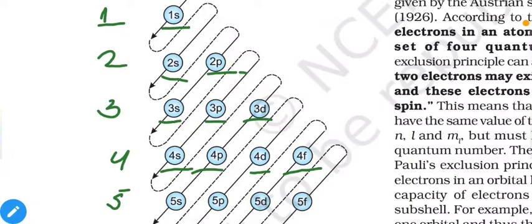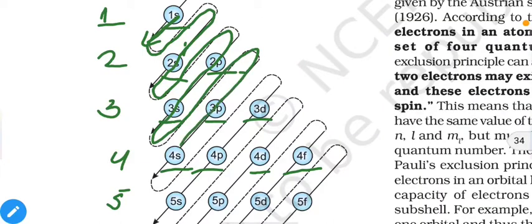First of all, arrange orbitals, and we will move diagonally. We will start from 1s in this direction, and when we reach the end, take a U-turn and again start diagonally. So you will get the increasing order of energy. Follow the same pattern throughout the arrangement.